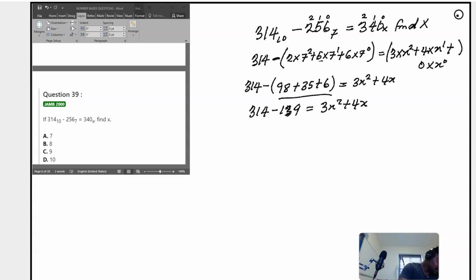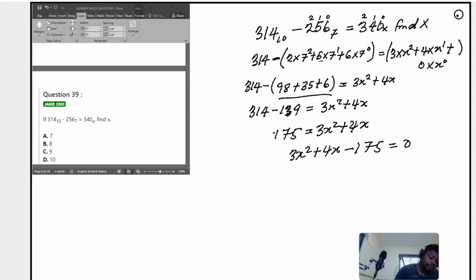So 314 minus 139, that is 175, is equals to 3x squared plus 4x. So in this case, I have 3x squared plus 4x. Let's transfer this to the other side. That is minus 175 is equals to 0.